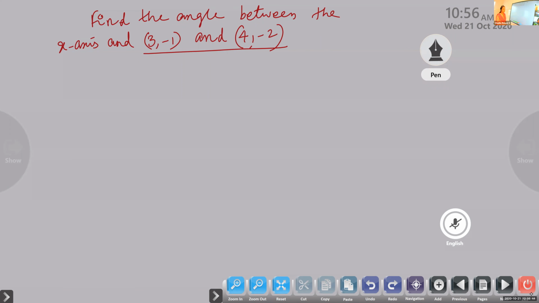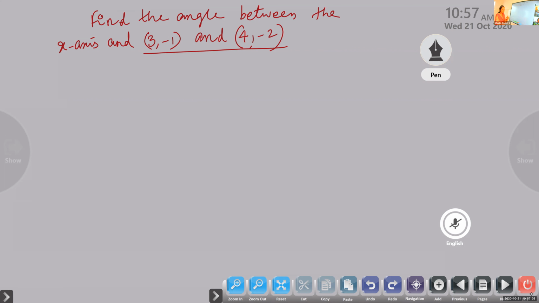Okay. So two lines are given. Which are the two lines? The first one is the x-axis and the second one is the line segment joining the points (3, -1) and (4, -2). So we want to find the slopes of these two lines.